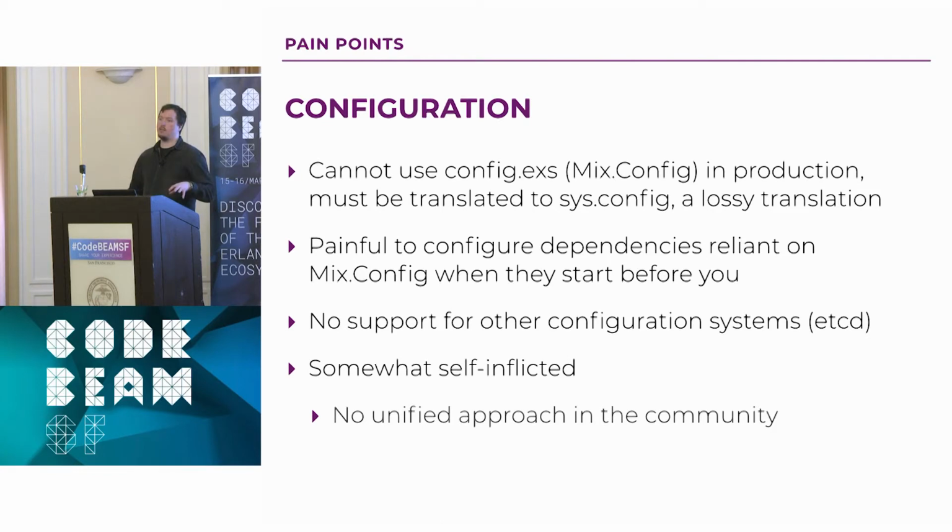The Erlang config file is sys.config, and that is a static config file. I think you can actually specify module function bindings in there, but you can't call functions or do anything like that. So when we translate config.exs to sys.config, and I'll get into why in a second, that's a lossy translation.